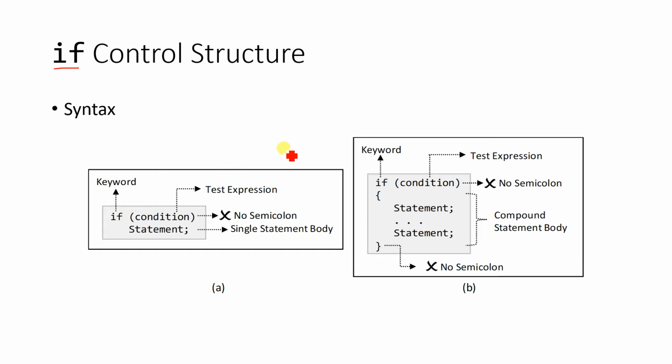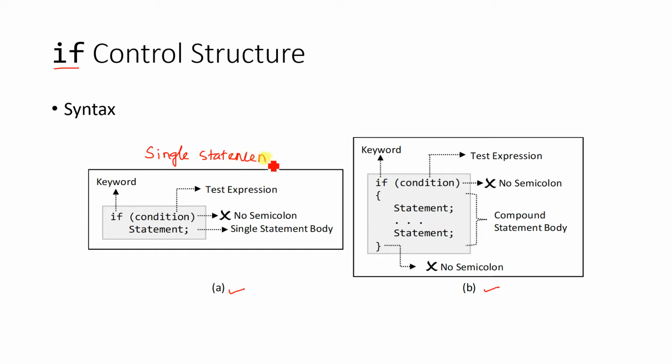Now I have given two syntaxes, represented in figure A and figure B. The first figure shows that if your program contains a single statement to be executed if the condition becomes true, this is your single statement.